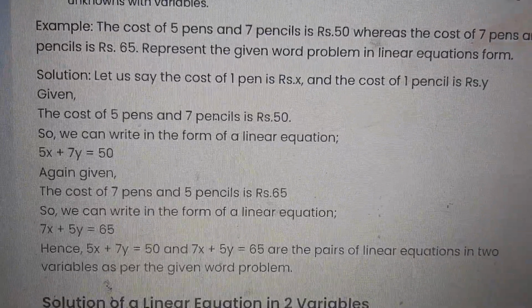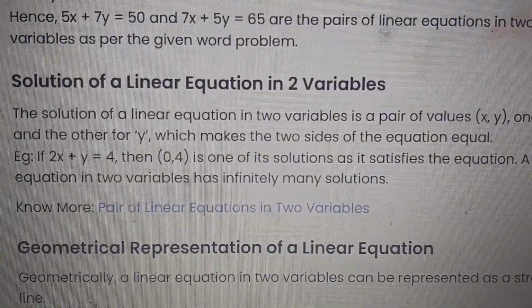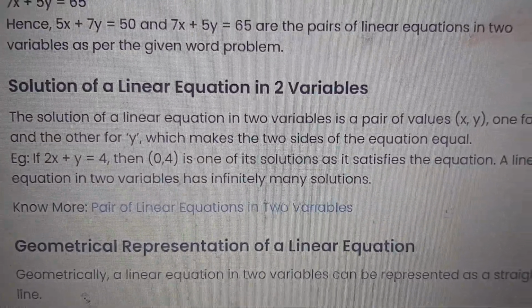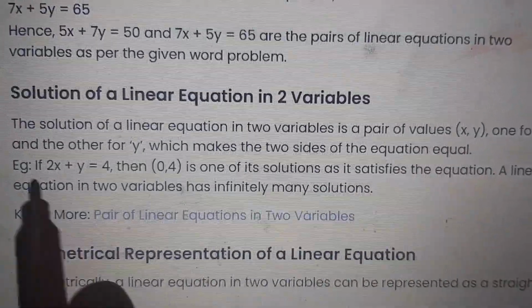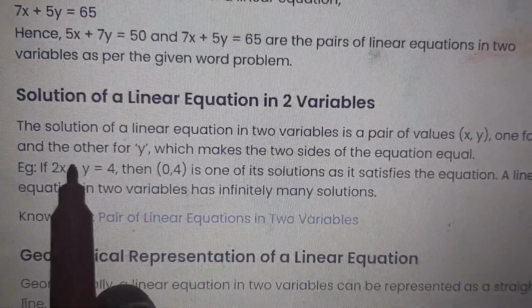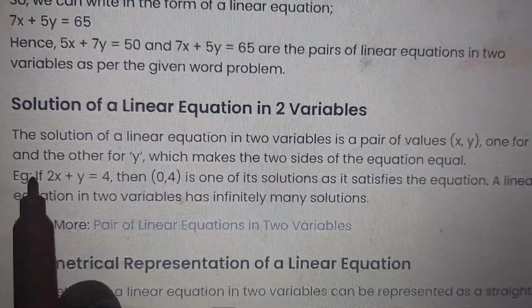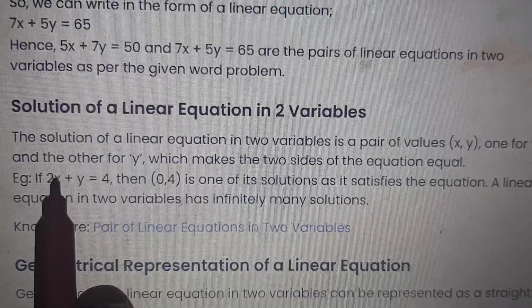So let us take the solution of a linear equation in two variables. The solution of a linear equation in two variables, where x and y are the two variables, is the pair of values which makes the two sides of the equation equal. For example, 2x plus y equals 4. Here x and y are two variables and 4 is a constant, and 1 is the coefficient of y, 2 is the coefficient of x.